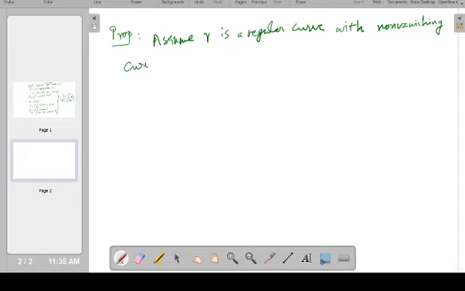Non-vanishing curvature means that at every point the curvature is non-zero. For such curves only, torsion is defined, with non-vanishing curvature. Okay.